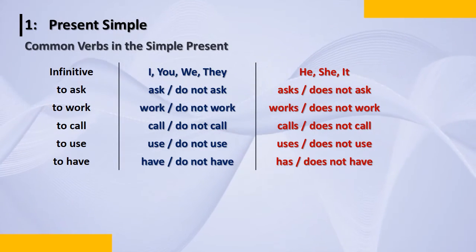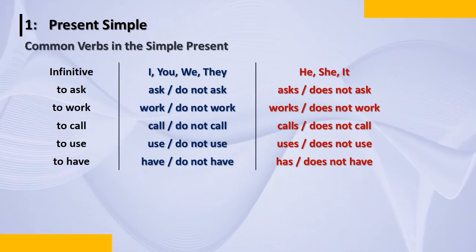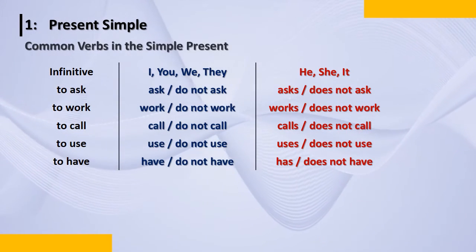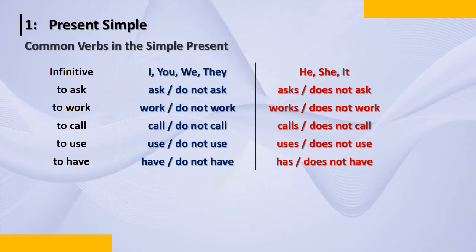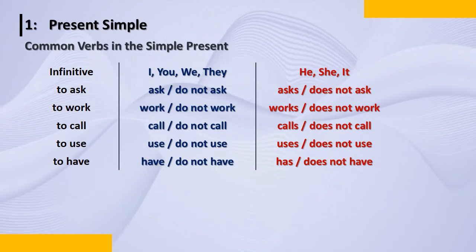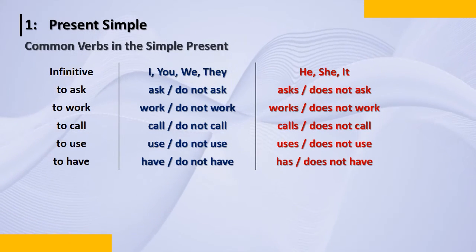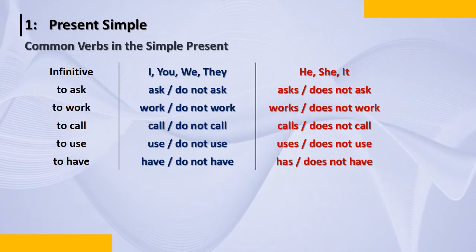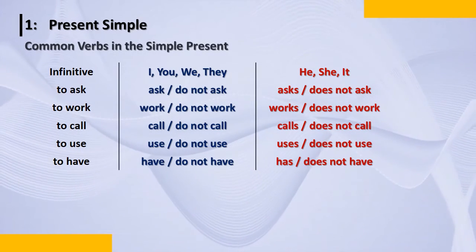You have a red color bike. I have a red color bike. He has a red color bike. I'm talking about the third person. I have a red color bike. You have a red color bike. He has a red color bike.